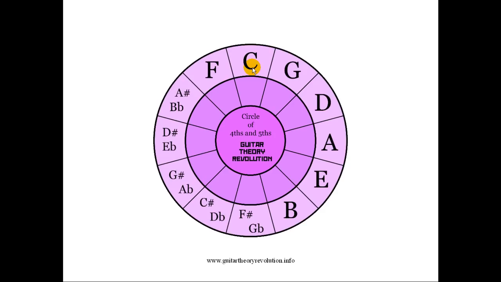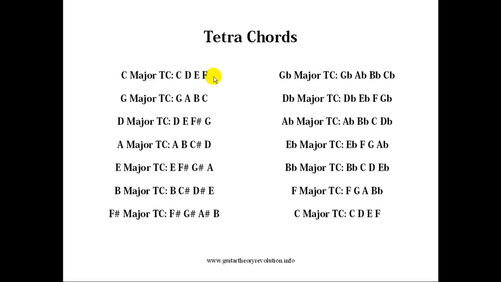So you can see that's an easy way to remember how many sharps each key has, or each major scale. And you'll be able to work out what the major scale is by using these tetrachords.